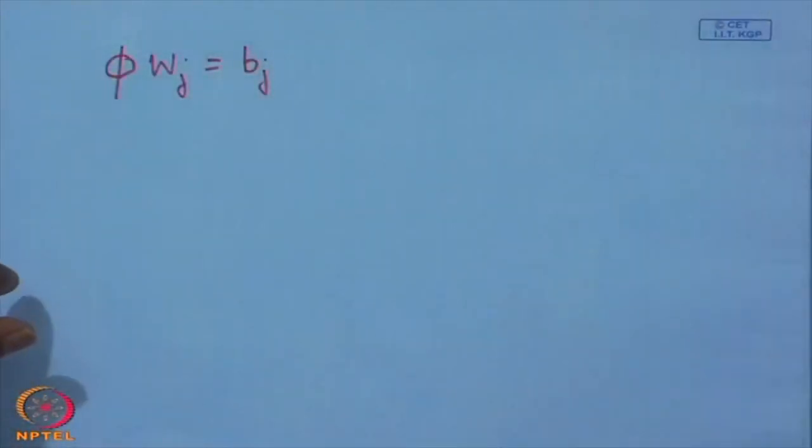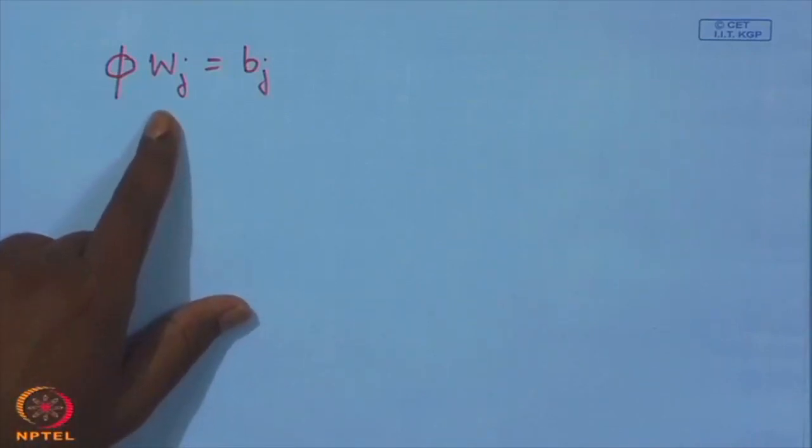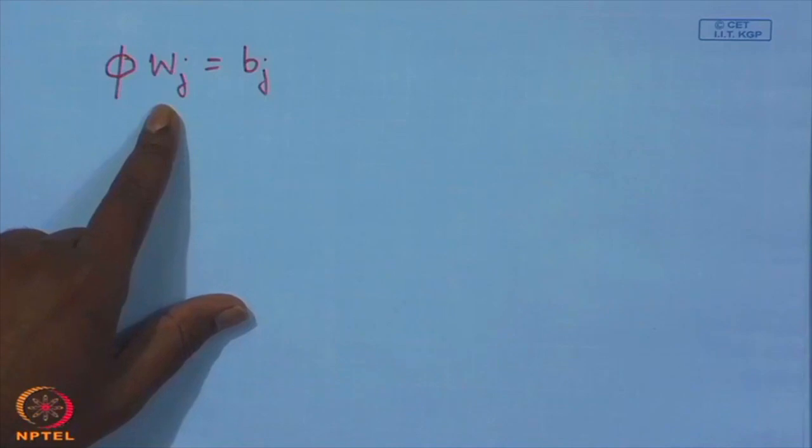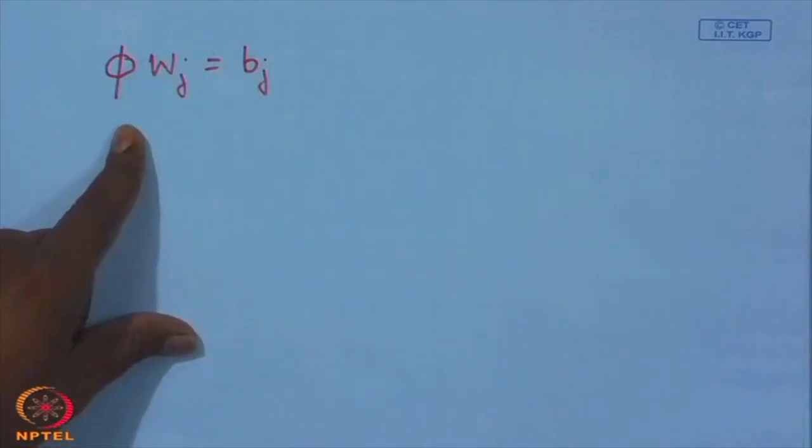Okay. So, if the network is properly trained, that is all the w I j have got the trained values, then this equation should be satisfied.